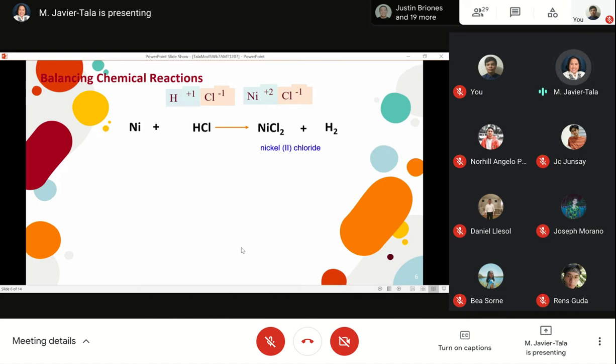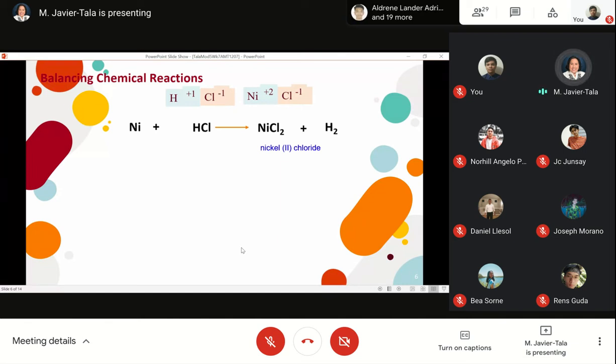But if you look at nickel(II) chloride, the nickel that we use here is a transition metal. So the nickel cation we used here is nickel positive 2. As you can see in nickel(II) chloride, nickel will take 1 from chloride, while your chloride will take the 2 charge coming from nickel.